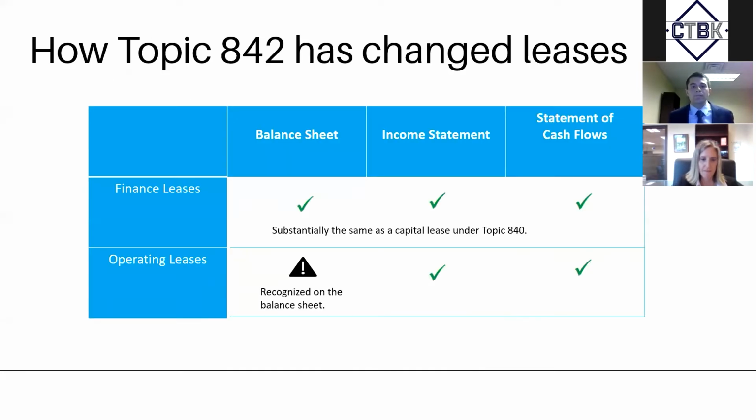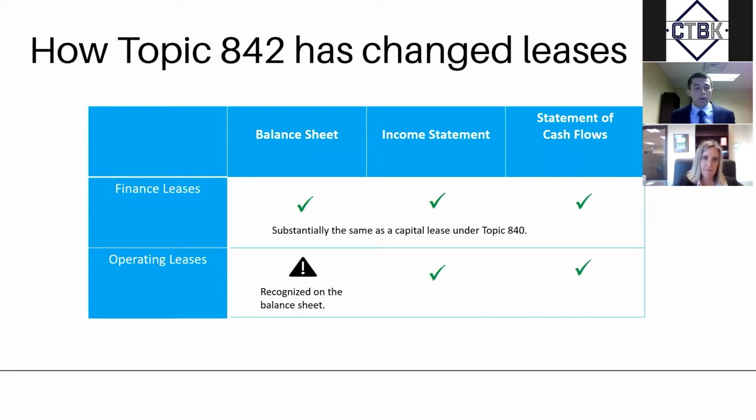Next slide, please. This chart summarizes how topic 842 has changed the accounting treatment for leases. As I just mentioned, the accounting treatment for finance leases is substantially the same as it was for a capital lease under topic 840 for recognition on the balance sheet, income statement, and statement of cash flows.